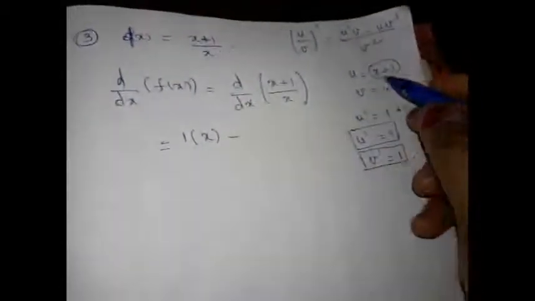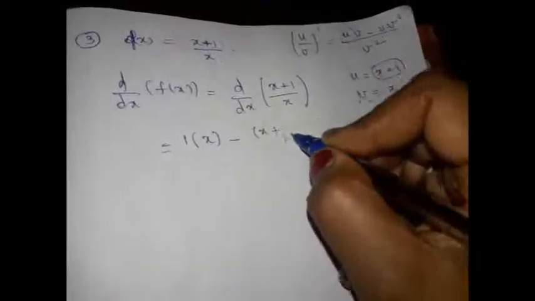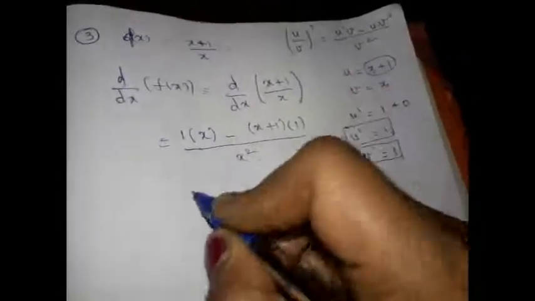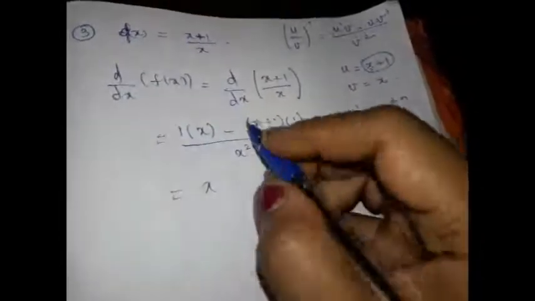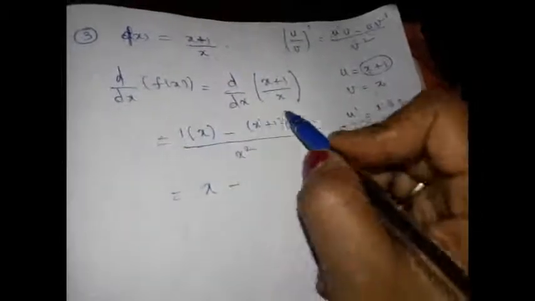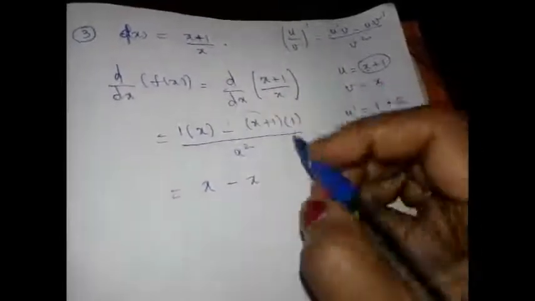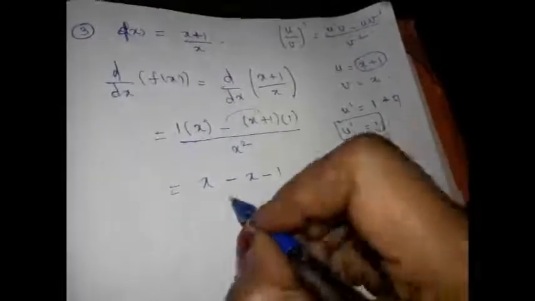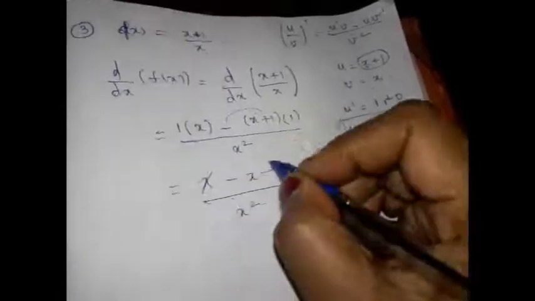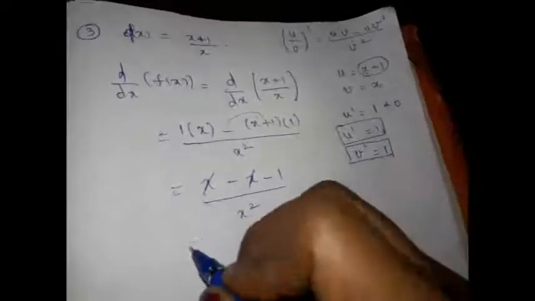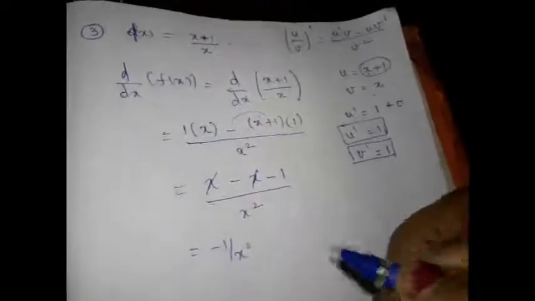U dash v: u dash is 1 into v, v is x, minus u, u is x plus 1 into v dash, v dash is also 1, divided by v square, v is nothing but x, so x square. So x into 1 is x, plus into minus is minus, 1 into x is x, again plus into minus is minus, 1 into 1 is 1, divided by x square. So plus x minus x will get cancelled. So the answer is minus 1 by x square.